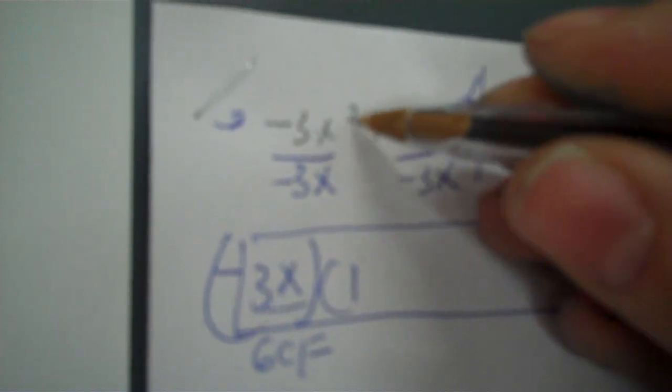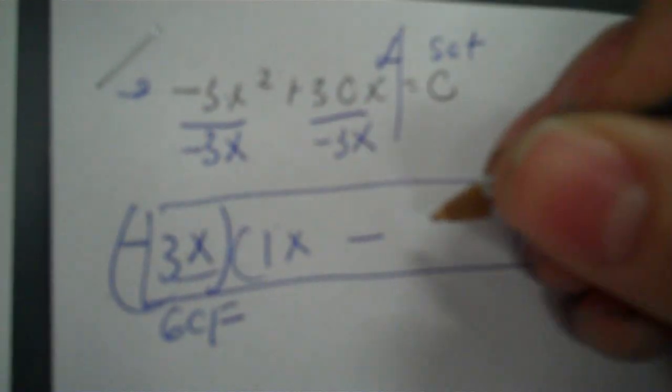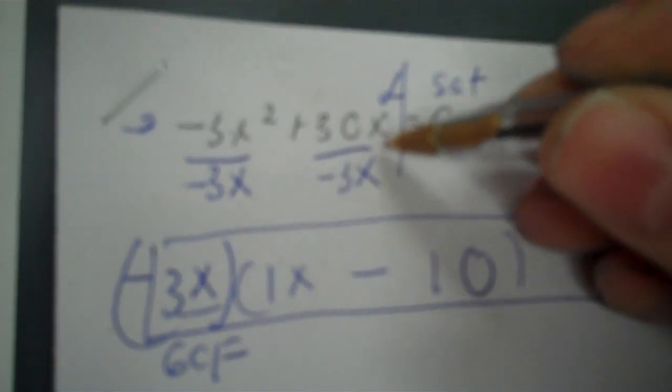Okay, so negative 3 divided by negative 3 is 1. Now the x second divided by the x leaves us with just x. Then I take positive 30 divided by negative 3, it gives me negative 10, so it would be minus 10. And then I would divide the x by the x. Well, that cancels completely.